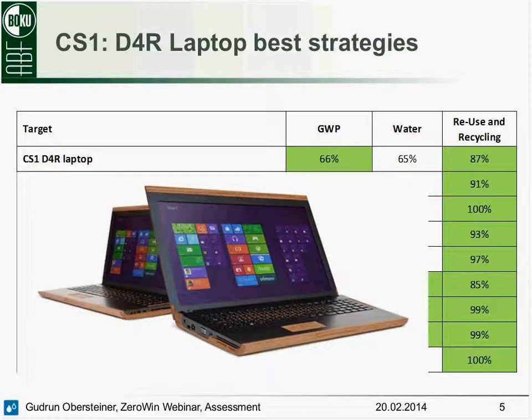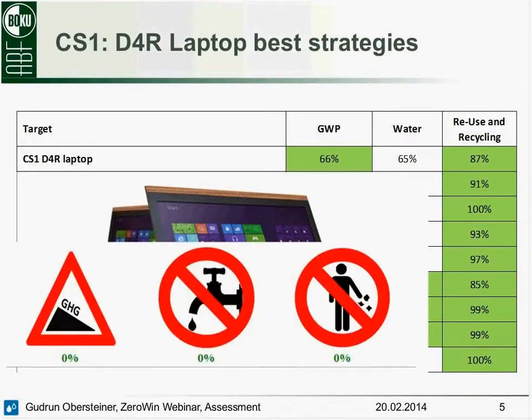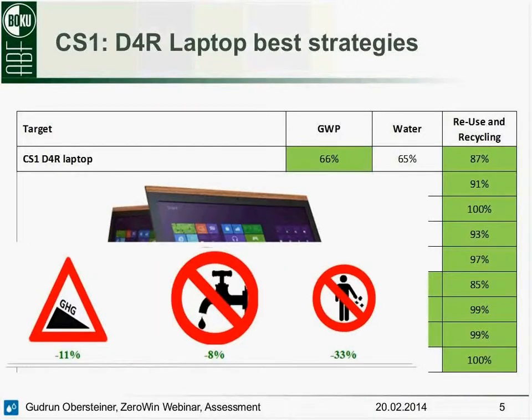If we change our baseline, the normal laptop, to a wooden chassis reused from the furniture industry, we would have a reduction of 11% of greenhouse gas emissions and of 8% of the water utilization, and another 32% on waste.